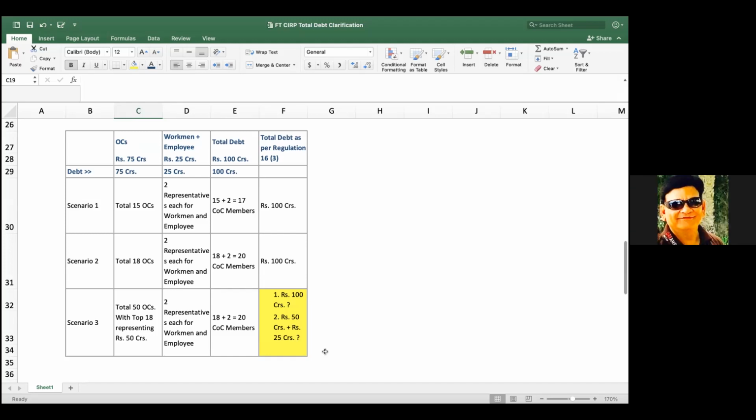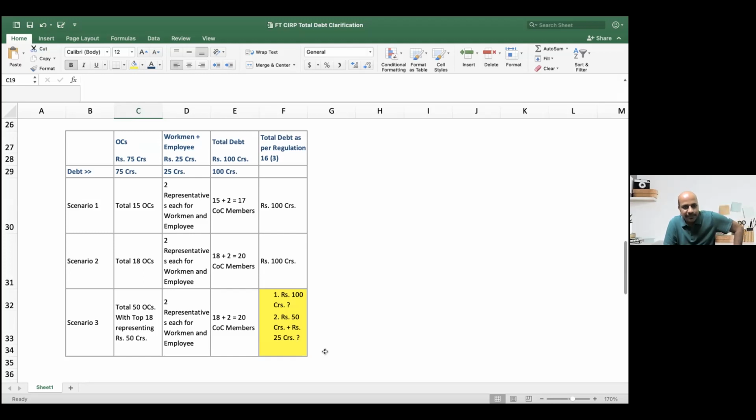Sir, please repeat the last line. Yeah. So what I was trying to say is that when they are forming the COC, the number of members is based on the total debt. The calculation of total debt over here, as per regulation 16.3, will be based on top 18 operational creditors, which is 50 crores in this case.